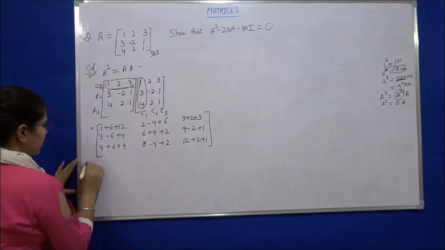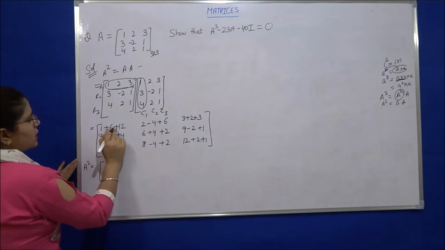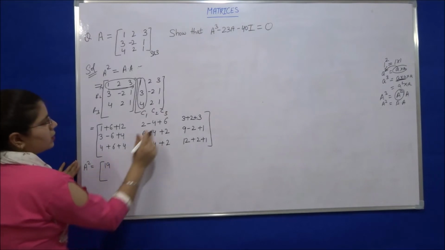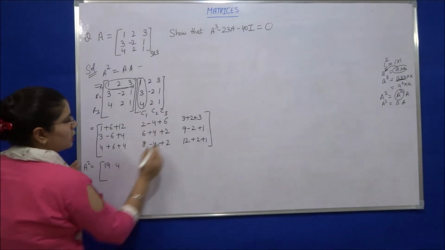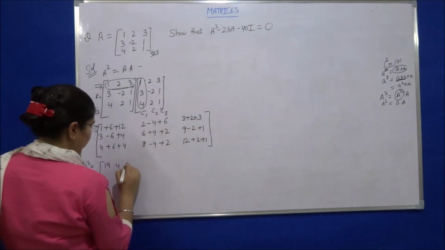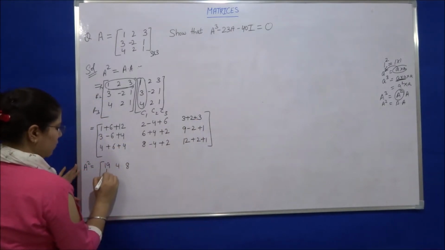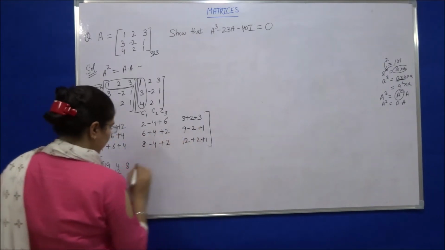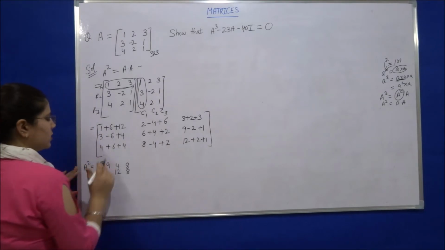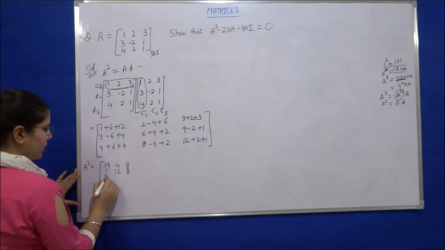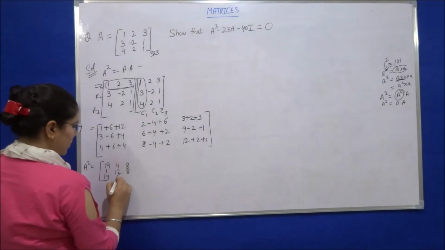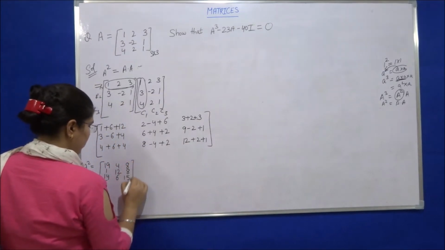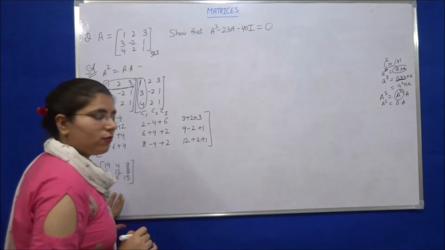So our A squared will be equal to: 6 plus 12 plus 1, 19; 8 minus 4, 4; 3 plus 3, 6 plus 2, 8; 7 minus 6, 1; 6 plus 4 plus 2, 12; 9 plus 1, 10 minus 2, 8; 4 plus 4, 8 plus 6, 14; 10 minus 4, 6; 12 plus 3, 15. So this is the value of A squared.